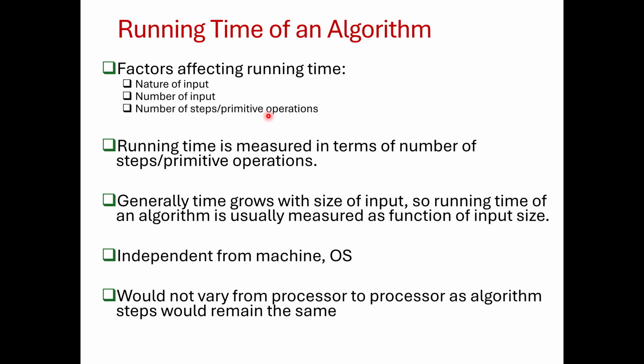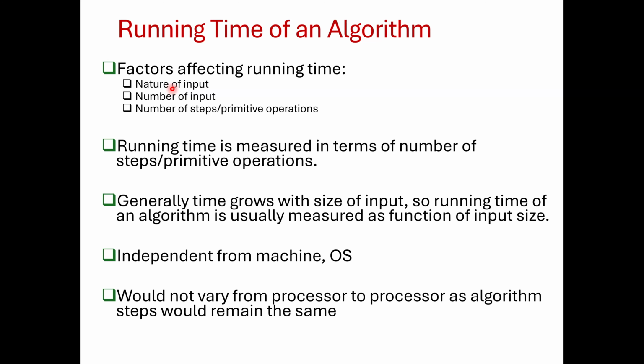Now, when we do a theoretical analysis, the only thing that will be different will be the number of steps, because the nature and number of the inputs are the same. They are all solving a problem of size n, right? So if it is a million integer values to add up, they are all adding up a million integer values. The only thing that will be different is that one algorithm will need 2 million steps to process that million integer values.